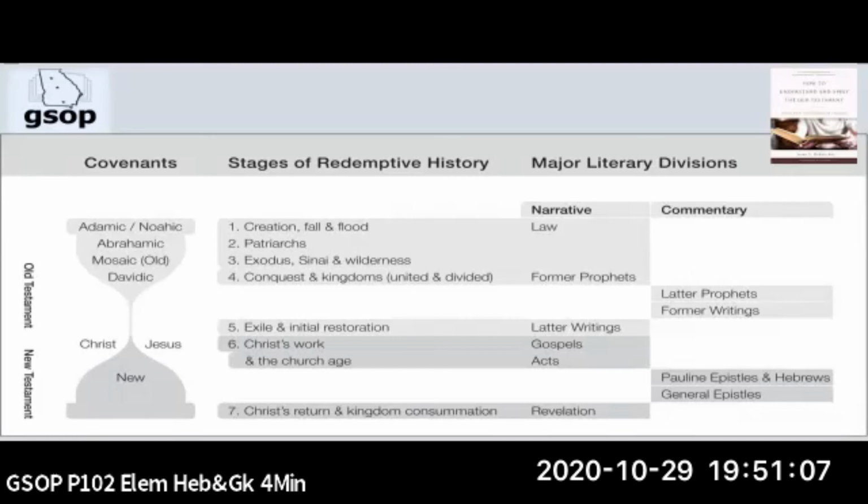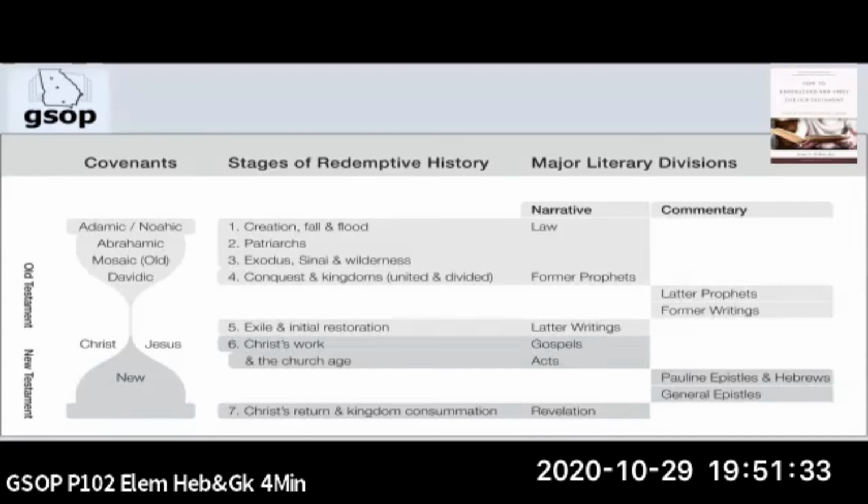The interrelations of these covenants is portrayed in that hourglass, where Christ is the center. The Adamic, the Noahic, the Abrahamic, the Mosaic, the Davidic covenants are all named in light of their covenant head or mediator, Adam, Noah, Abraham, Moses, and King David, and through whom God entered into relationship.